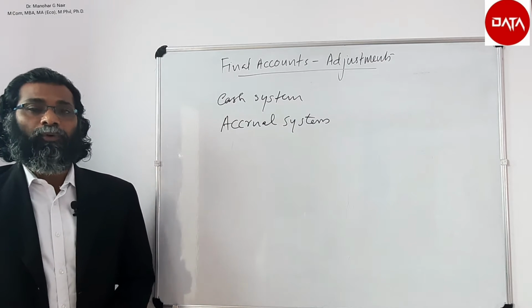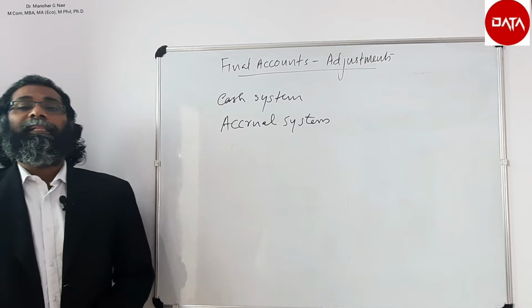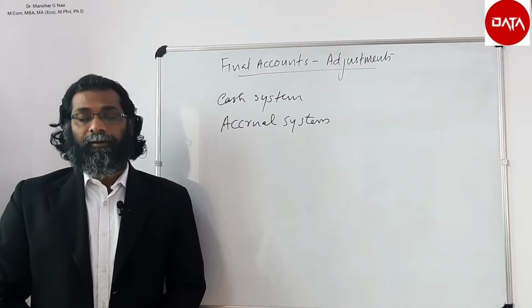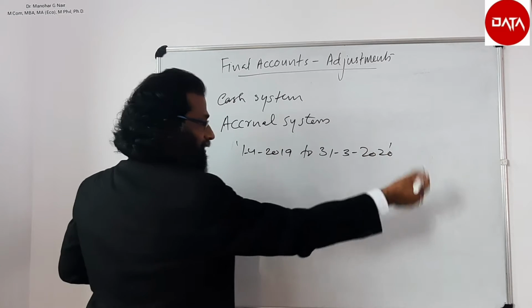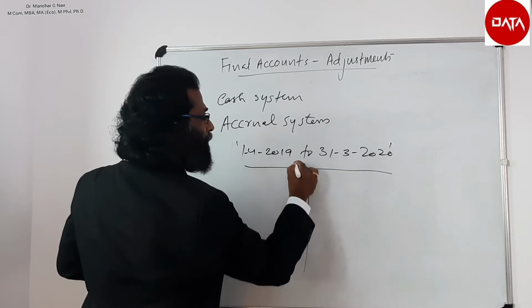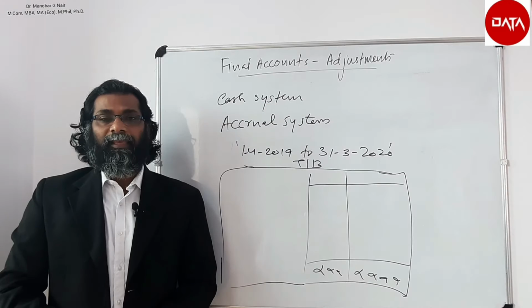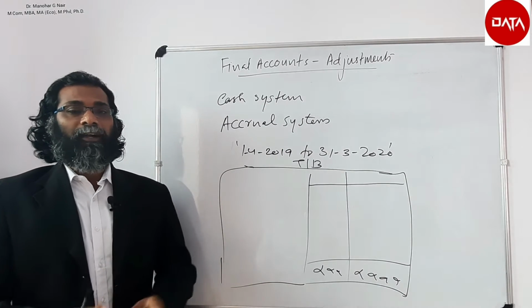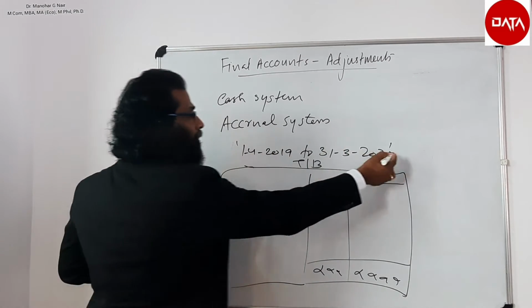But in the accrual system of accounting, the amounts due also would be taken into consideration. After this financial year, that is after the preparation of the trial balance, there may be some payments or receipts which pertain to this particular accounting period.